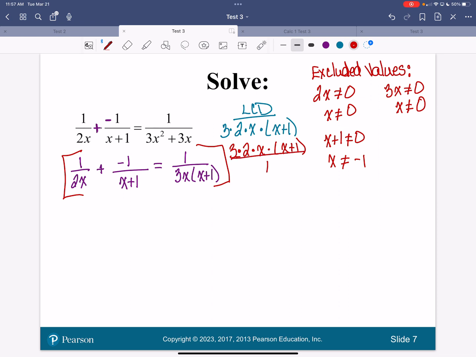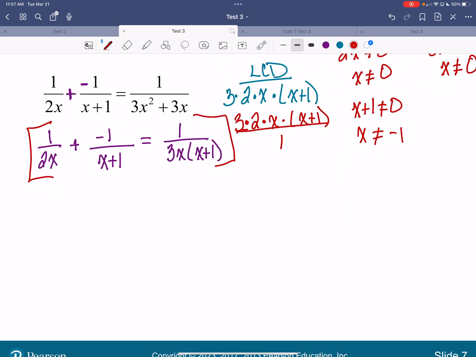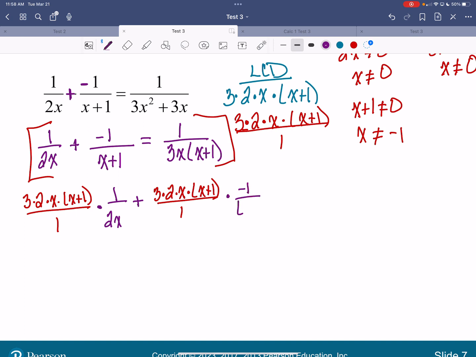And this gets long, and that's okay. But go ahead and write this step out. So I have 3 times 2 times x plus 1 over 1, and I am multiplying that times 1 over 2x. Don't skip these steps. You want to write them out. 3 times 2 times x plus 1 over 1 times negative 1 over x plus 1.